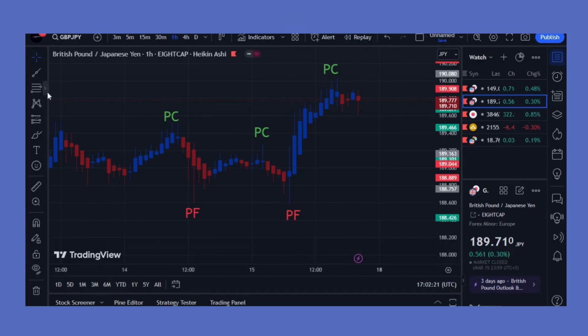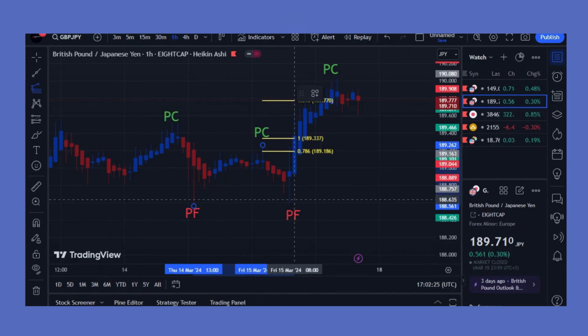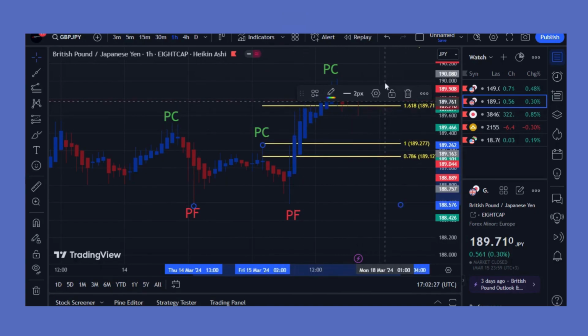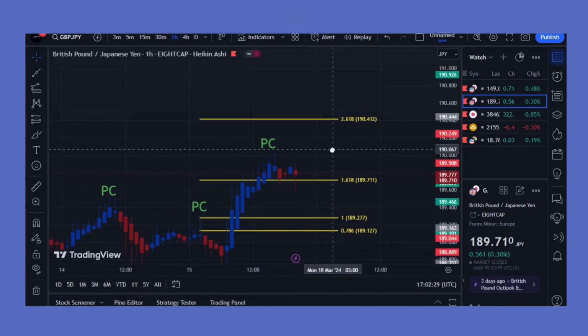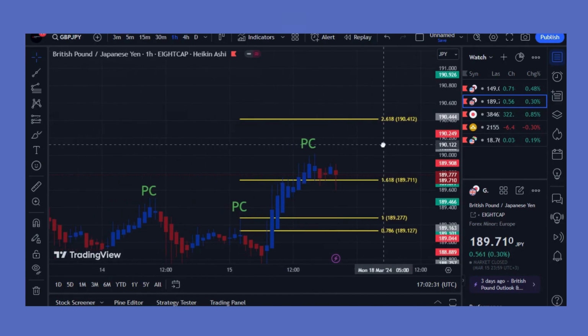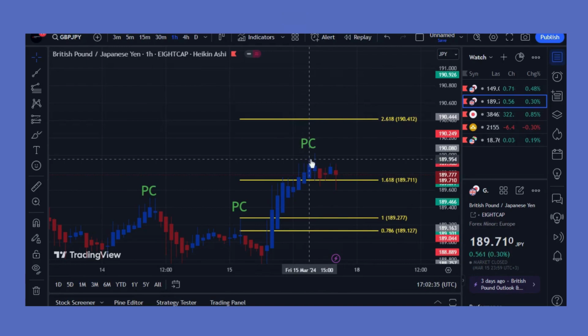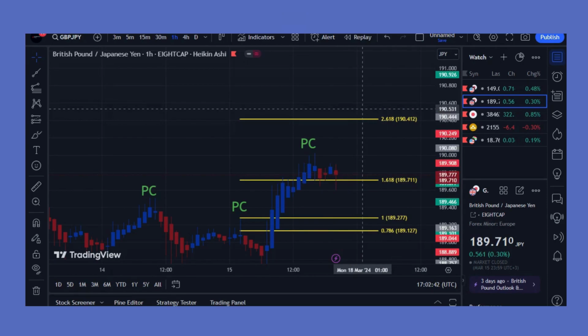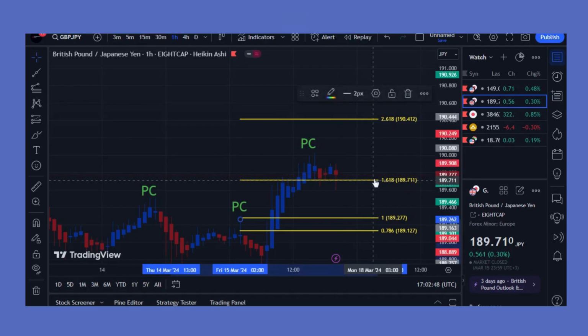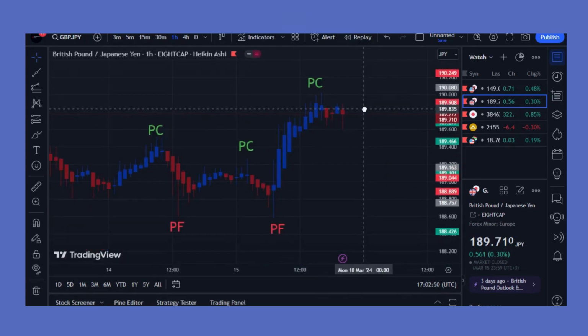See how far this pair has moved. You can see there's a possibility that this pair will start correcting to the downside because it has reached 1.618, or it can carry on to the level of 2.618 before it retraces to the downside. All right.